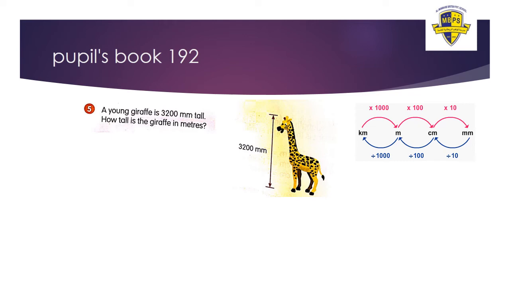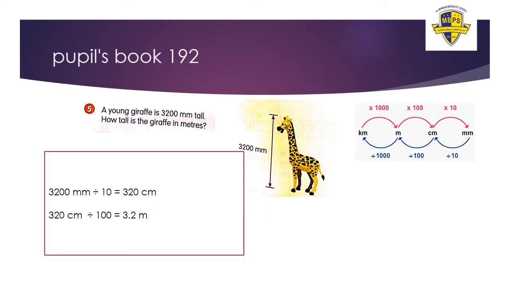So from a small unit to a big one. Now tell me, when I convert from small unit to big one, I divide. Excellent. But here from millimeter to meter, we skip one unit, centimeter, between these both. So here I have to divide 2 times.